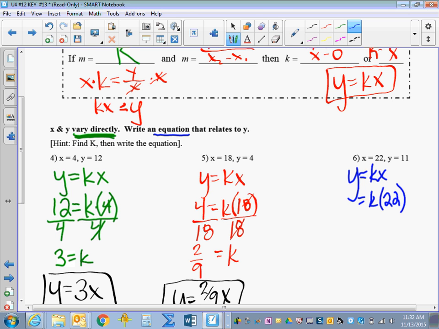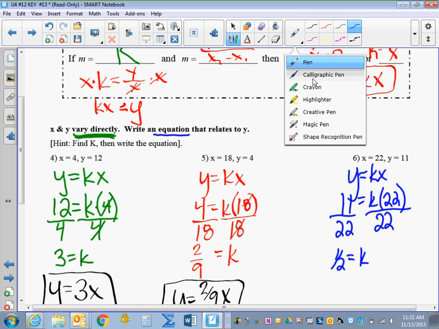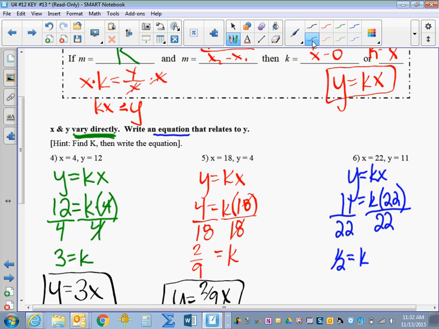They gave me y, which is 11. Solve for k. So we divide by 22. We get 1/2 equals k. We're not done yet. It says write an equation, so I need to write my equation. Now that I have my k value, I can write out my direct variation equation. Y equals k times x, and k is 1/2, so y equals 1/2 times x. And there's my answer there.